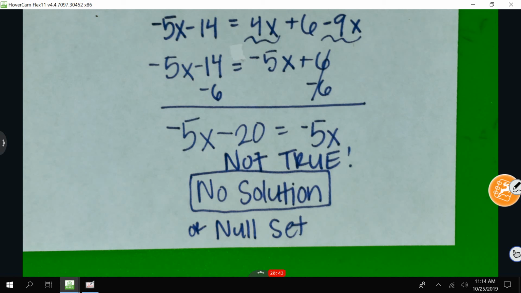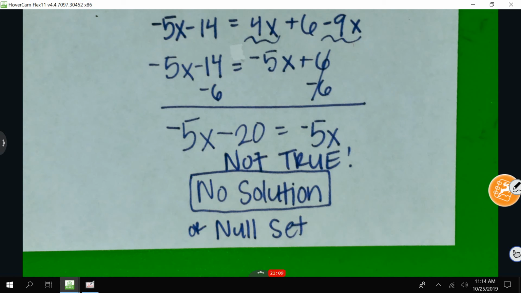Questions. So if you get 5 equals 5, what is that? That's your identity. If you get x equals 2x, that is no solution. X cannot equal 2x, or null set. Does this mean that every equation that you solve from now on out is going to have no solution or identity?